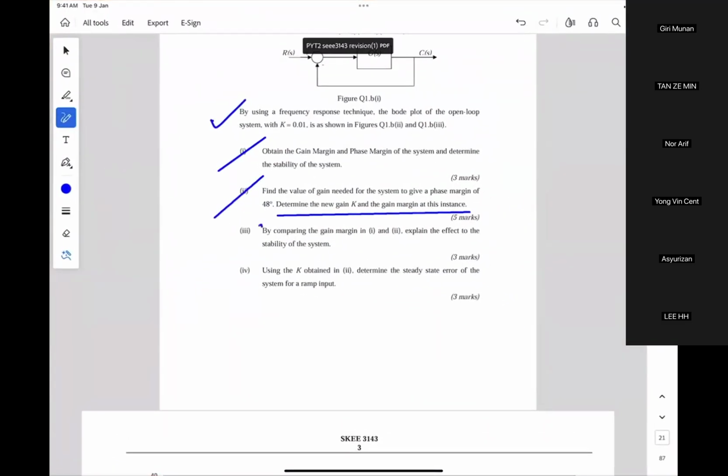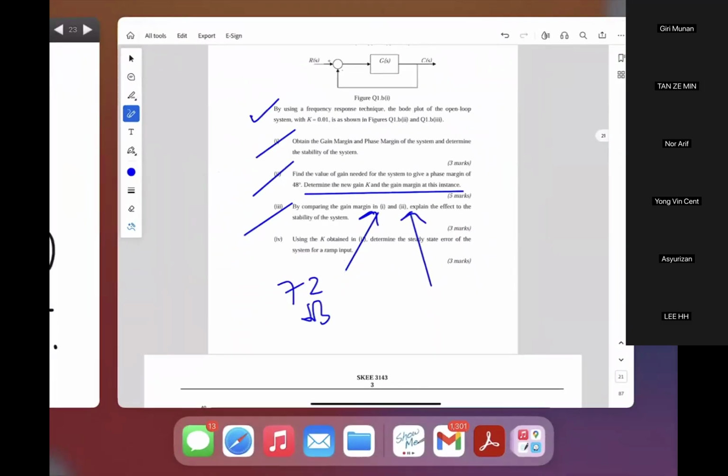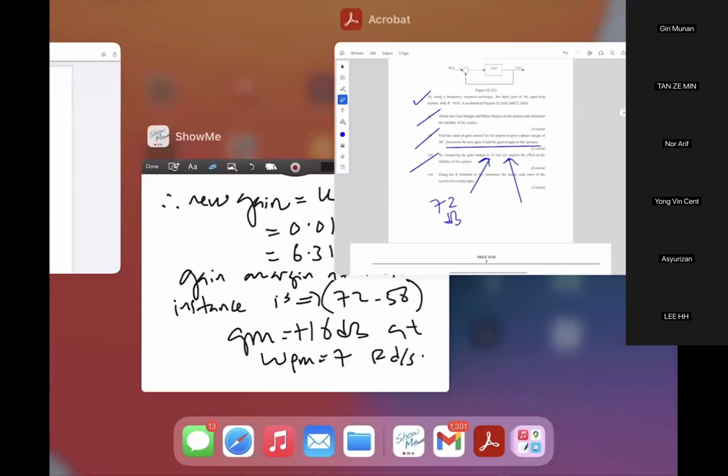So by comparing the gain margin in one, which is this one is 72, am I right? And 2 is 16 decibel.